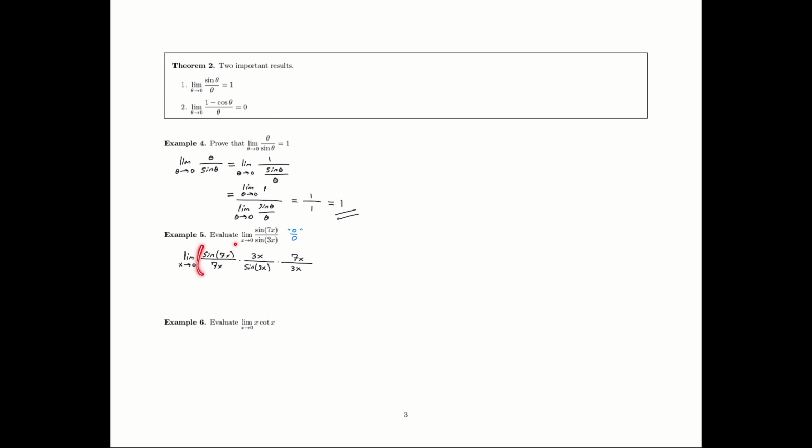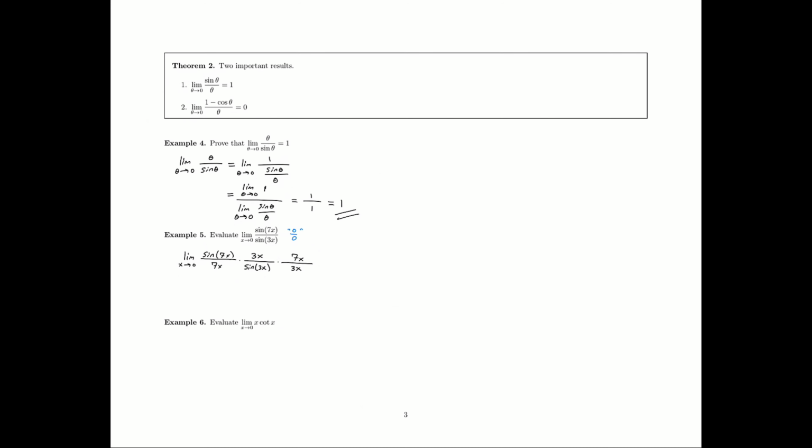Because if you look at this first fraction in isolation, we have a 7x, and then we're taking the limit as x goes to 0. It's not as 7x goes to 0, though. So this doesn't exactly match up here, which is fine. So what I'm going to do is give us a little fact over here.